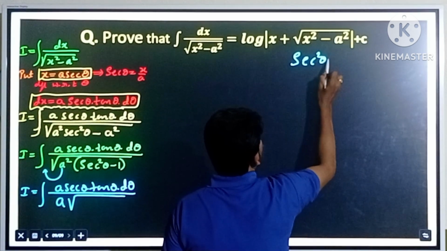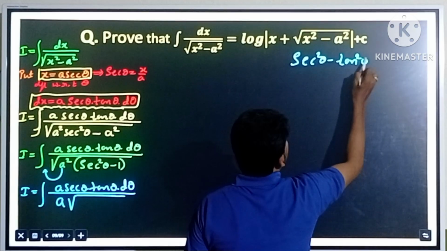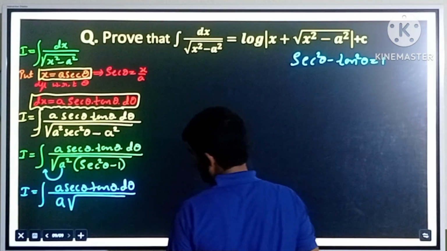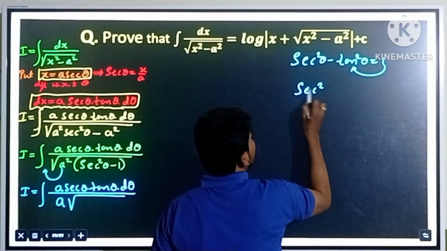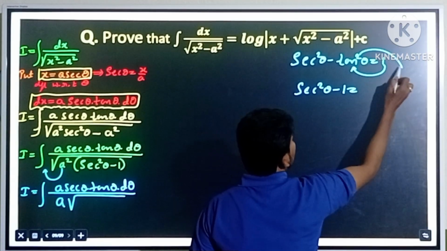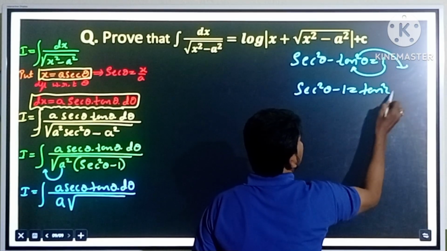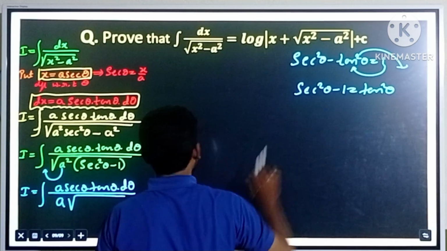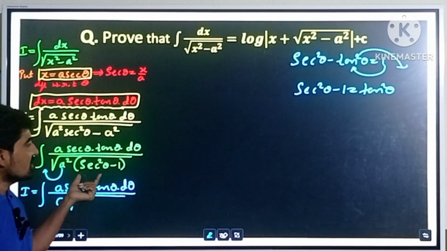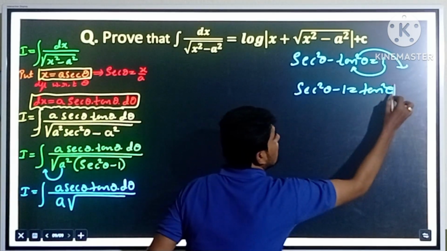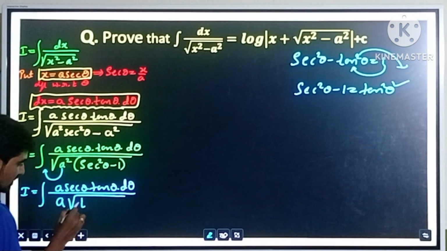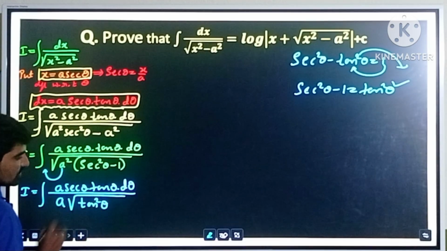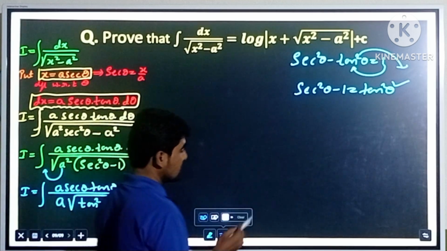Secant square theta minus tan square theta equals 1. It means secant square theta minus 1 is equal to tan square theta. So by using this identity, I can replace secant square theta minus 1 by tan square theta. I hope all of you are understanding.